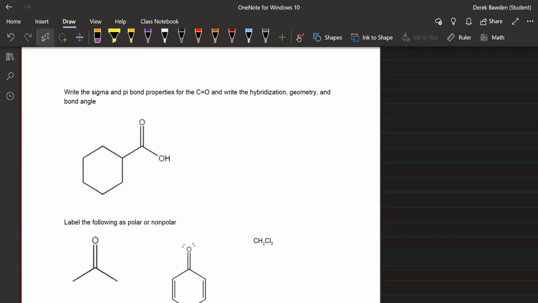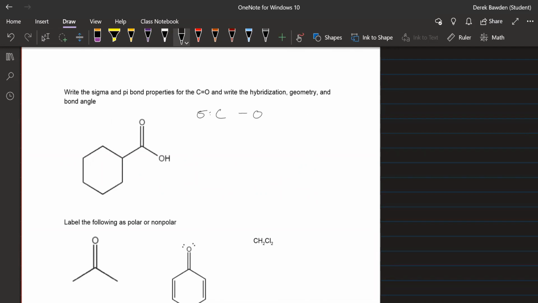All right, so we're going to write the sigma and pi bond properties for the C double bond O and write the hybridization, geometry and bond angle. So we're talking about this bond between the carbon and oxygen. First of all, what's the sigma bond here? What do we need to look at? We have C bonded to oxygen.